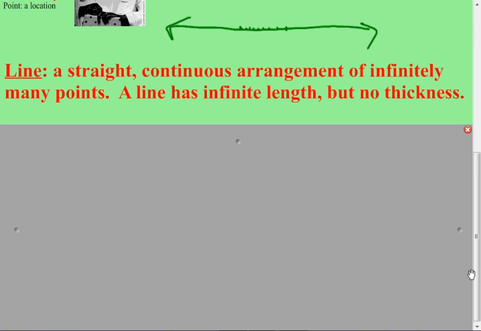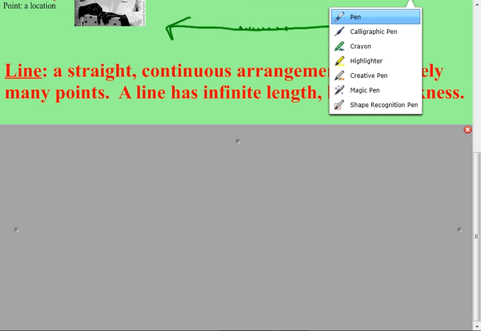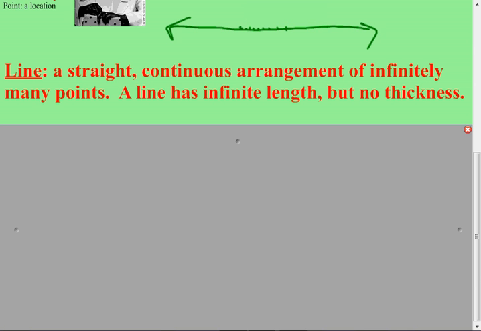Mine does have thickness. I can do this line like that, or I can do this line. The second one's thinner. It doesn't matter. It's just representing that continuous arrangement of points. So there are lines in this room, where these planes meet. There are lines there. You kind of see them. They're all different thicknesses.